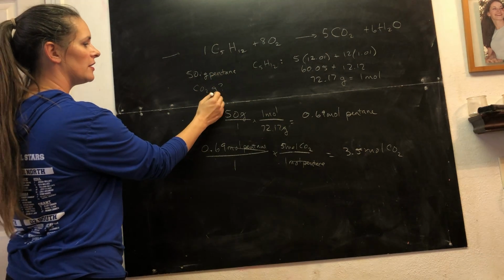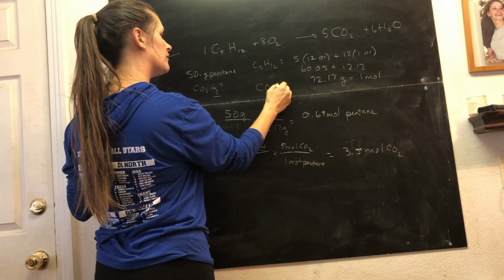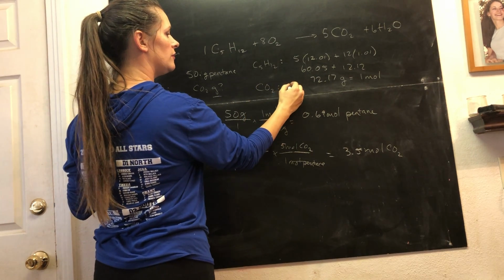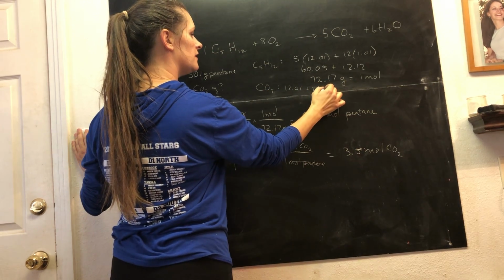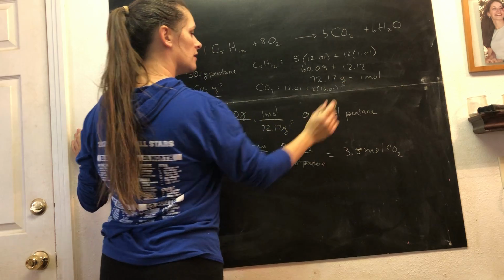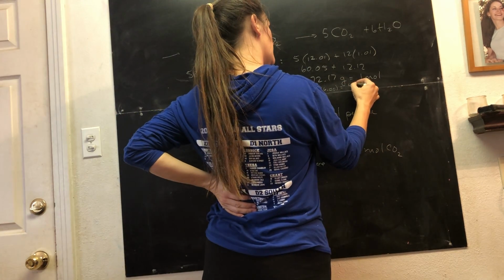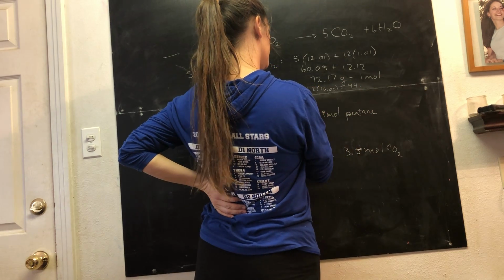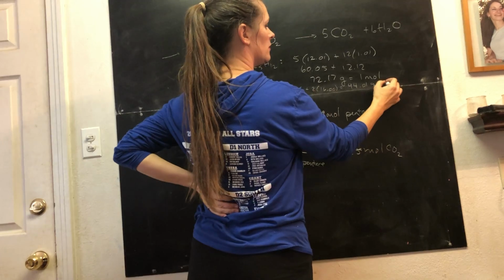I want to know that in grams. So let's figure out the molar mass of carbon dioxide first. Carbon is 12.01. I've got 1 of them. 2 oxygens, that's 16 each, so that's 32 plus 12.01 is 44.01 grams per mole.